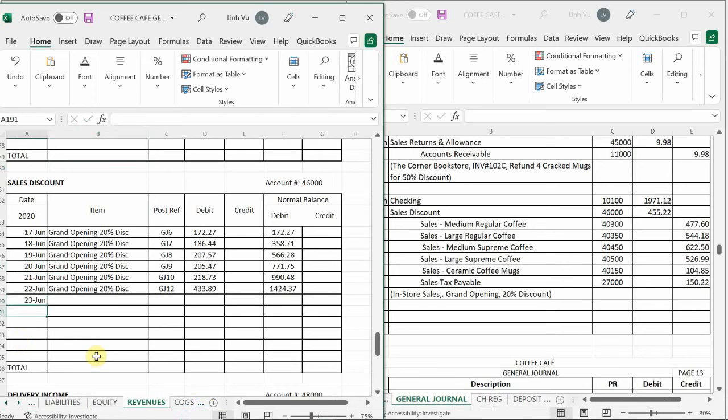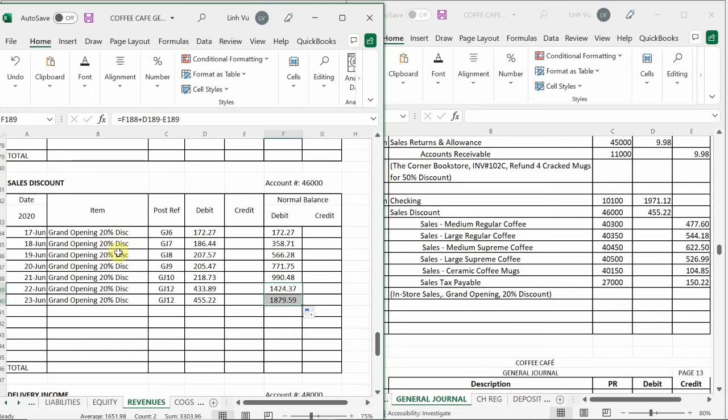It is the 23rd, for $455.22. So my ending balance here is going to be $1879.59.